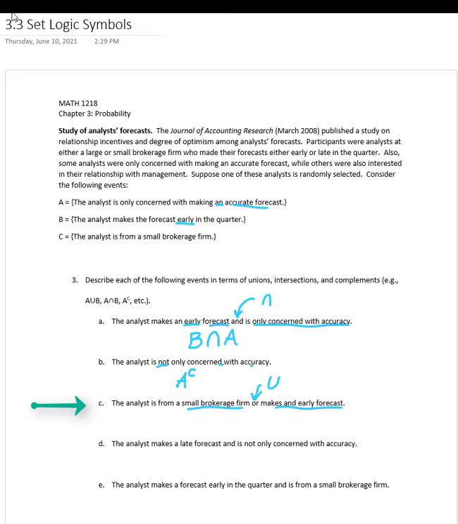So that is the union of events. So looking up at events A, B, and C, we want to know which one is describing small brokerage firms. So there it is, small brokerage firms. So we have event C in union with the event of making an early forecast, and that was event B. So we have C in union with B.